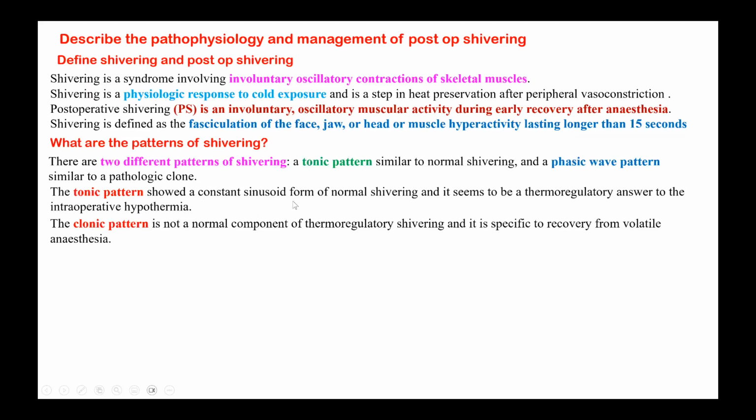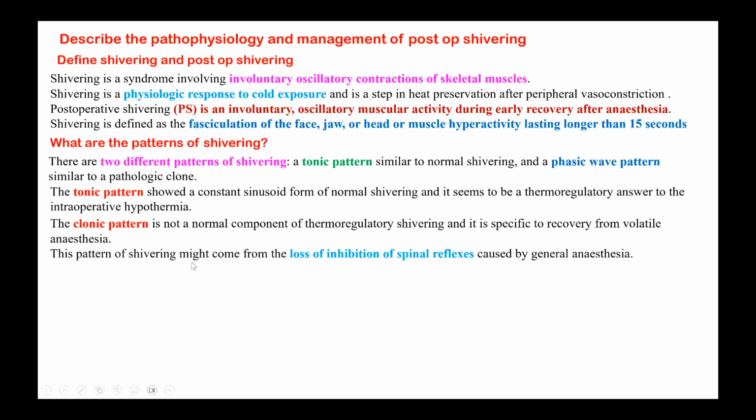So that is the difference between them. If you watch a patient in shivering, he will try to hold the body stiff for some time. After that, it will automatically start moving and jerking. So it will alternate between these two patterns, tonic and clonic, of movement of the muscles.